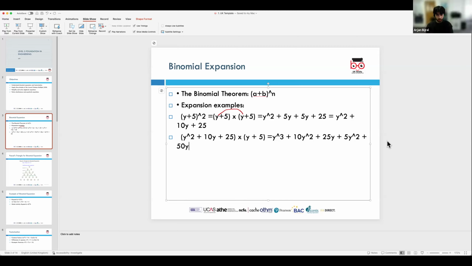Correct, 50y. Say I had a packet of 10 bananas, right? And that's 10y, so a y is a banana. I have 10 bananas in one packet. Then I've got 5 of these 10 packs. How many bananas have I got total? 50, right? It's 5 lots of 10. So that's all we're doing here.